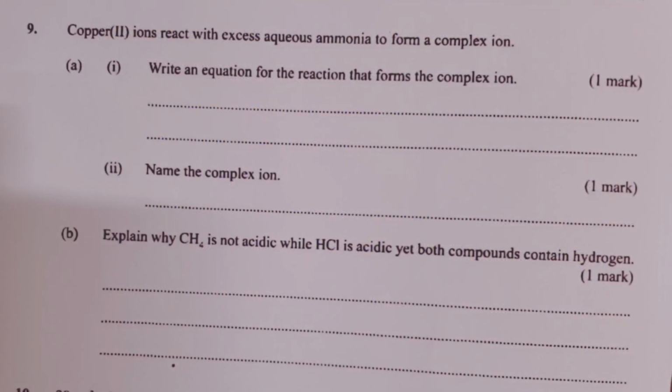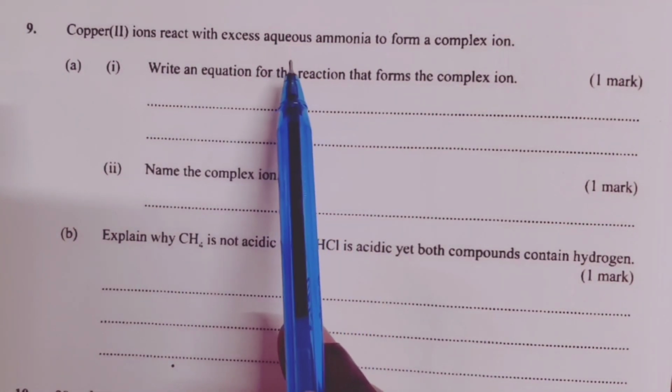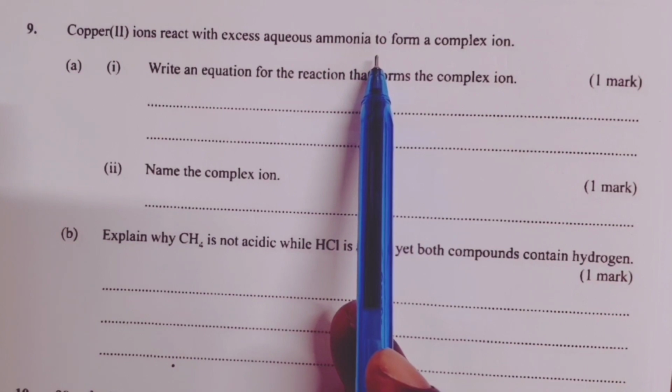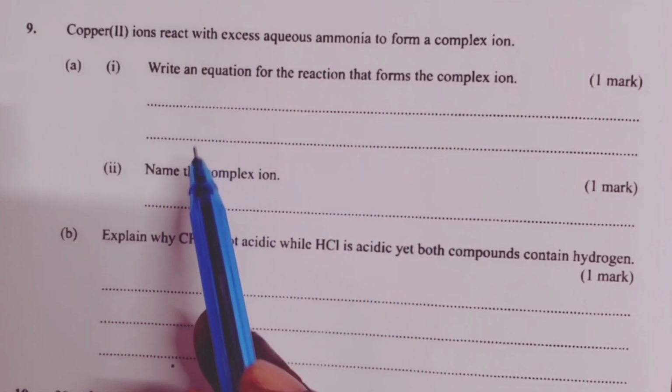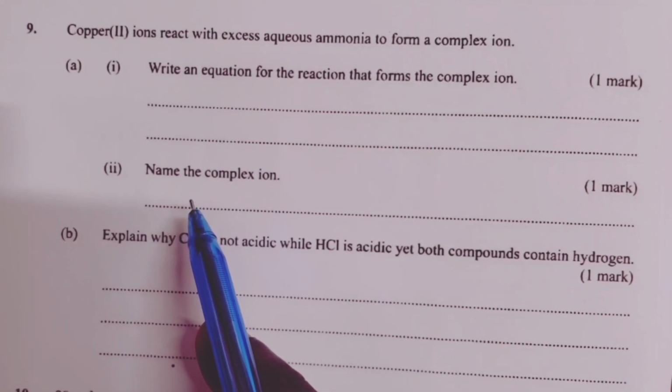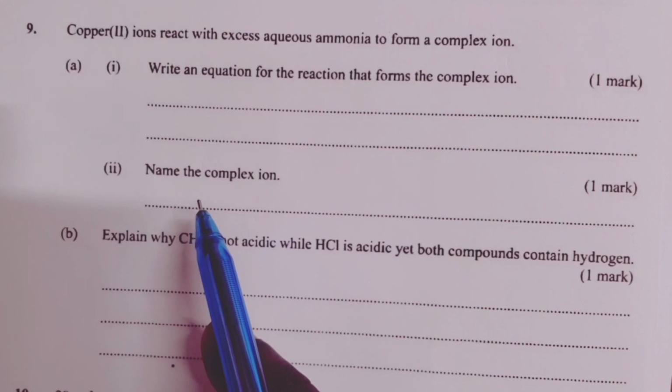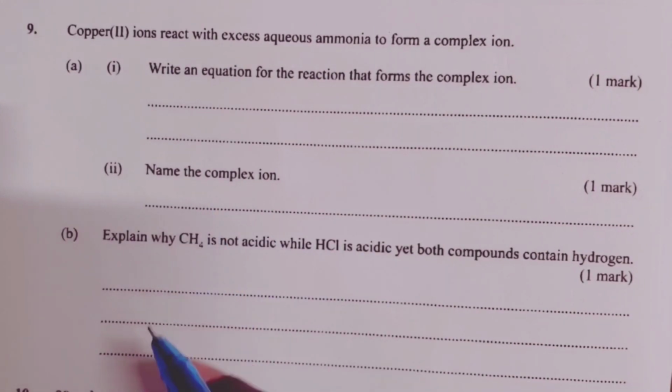Copper 2 ions react with excess aqueous ammonia to form a complex ion. We were asked to write the equation for the reaction that forms the complex ion.